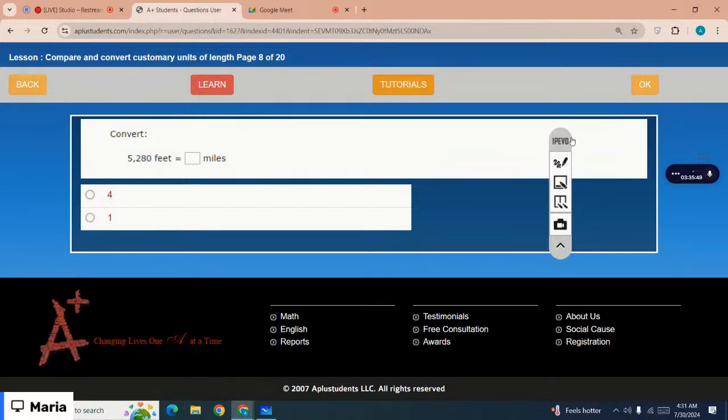5,280 feet equals how many miles? That is 1 mile. The correct option is 1 mile.